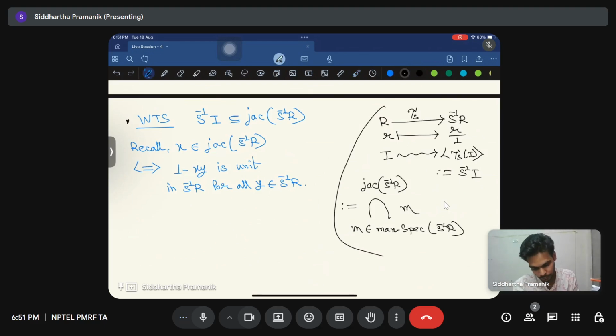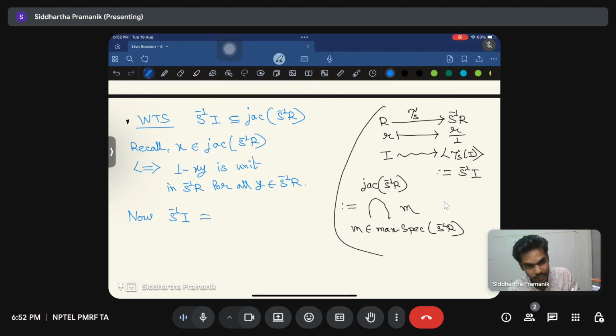So one thing: the Jacobson radical is an ideal, right? And how does this S inverse I look like?